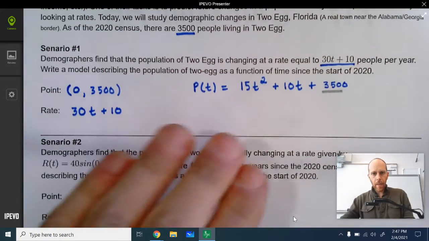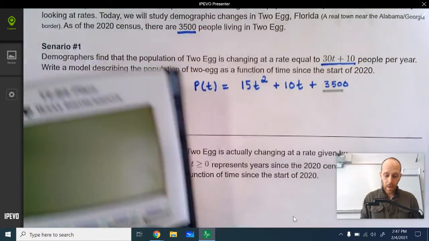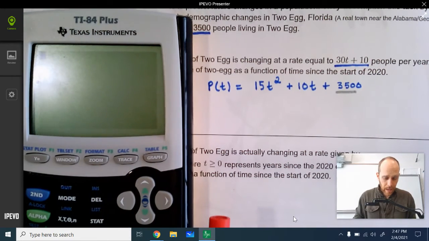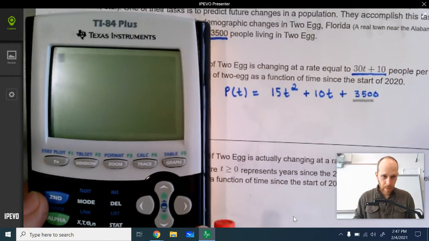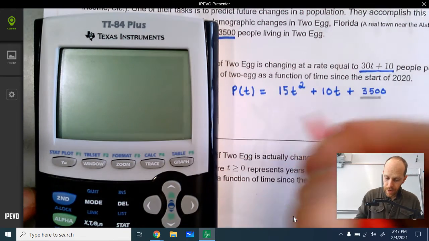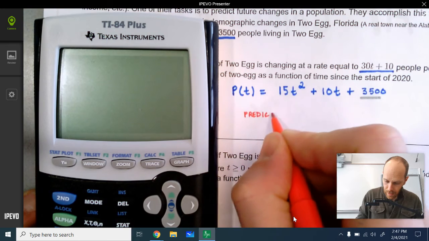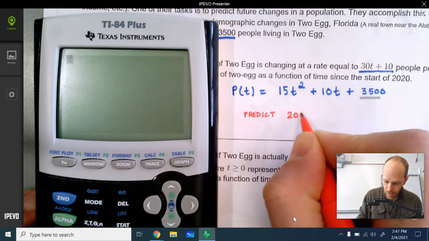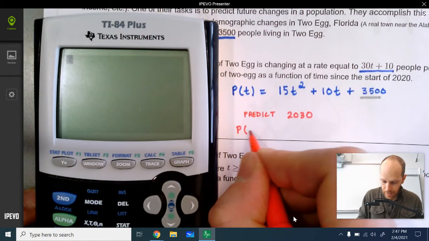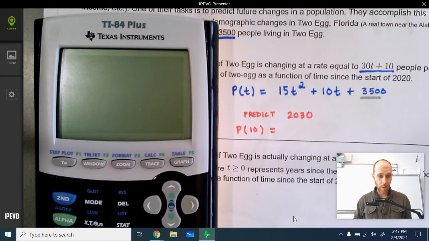So there's the function. Given a point and given a rate, we could cook up our population function. And I want to drive home the point to everybody that these are actually used to make predictions in the future. So now let's predict what the population is going to look like in the year 2030, which would mean that we need to plug in 10, because it's 10 years after 2020.